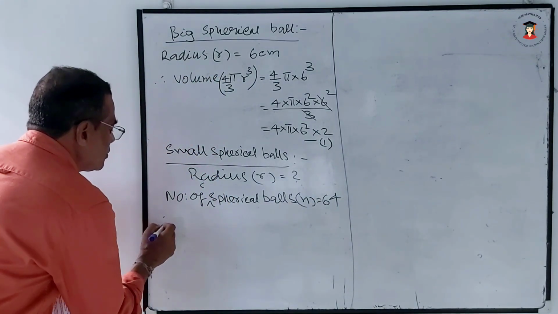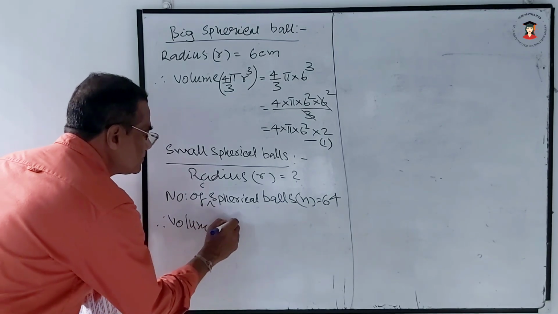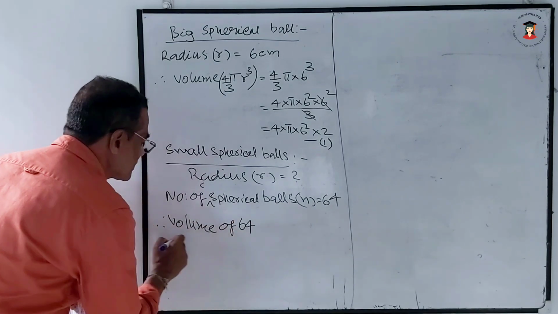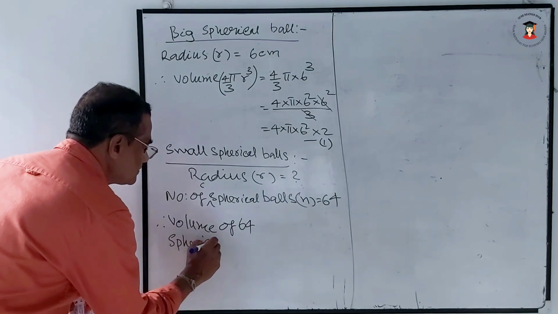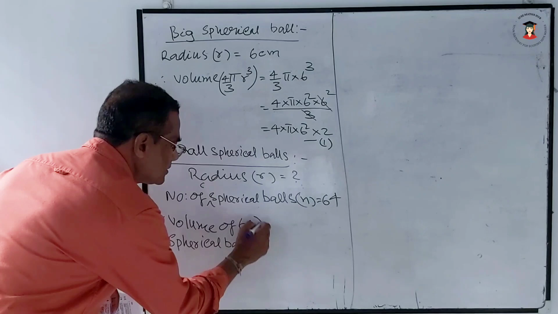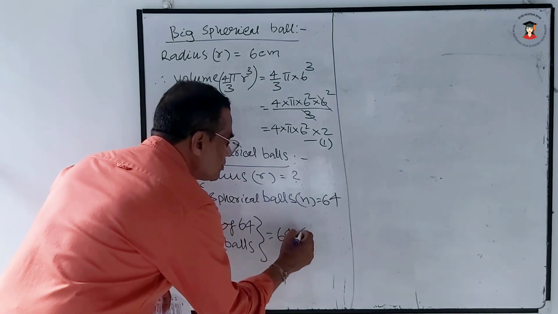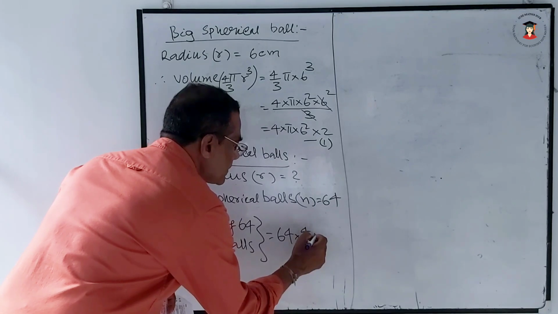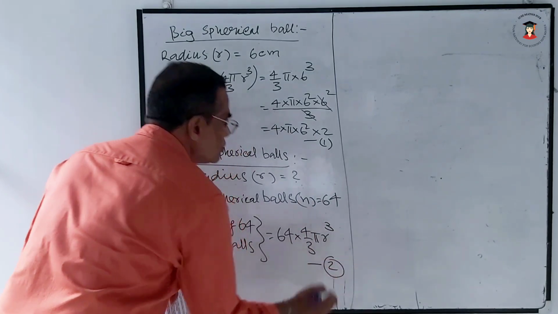Therefore, volume of 64 spherical balls will be equal to 64 into 4 by 3 pi r cube. This is equation number 2.